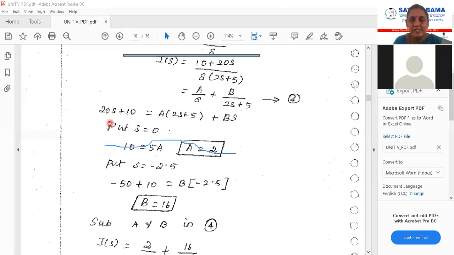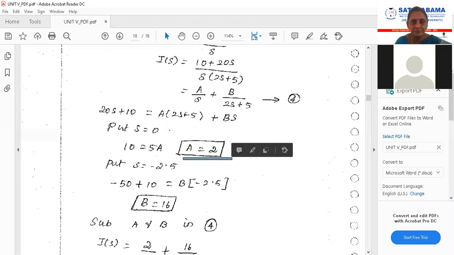I hope you understand, because by partial fractions 20s plus 10 is equal to A into 2s plus 5 plus B into s. If you put s is equal to 0, you can find out the value for A. A will be equal to 2. Putting s is equal to minus 2.5, you will get the B value, B is equal to 16.